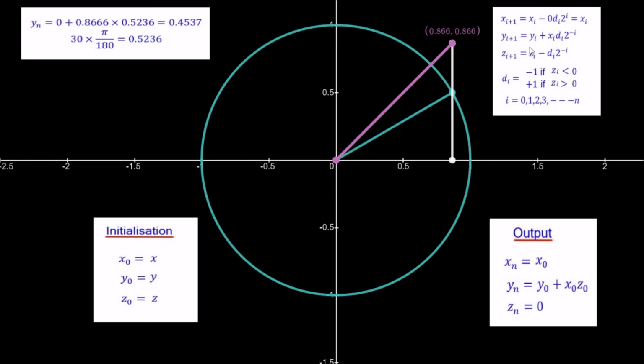So zi is going to be a value of 30. So we're going to have our 30 and it's minus this value d. Well, we already looked at the d and the d is positive. But it's going to be the angle 2 to the minus i. So 2 to the minus 0 is just the value of 1. So it's going to be an angle of 1, but of course that's in radians. So 1 radian is 57.29578 degrees. So we're going to take this and take off 57 degrees from it. So let me do that now.